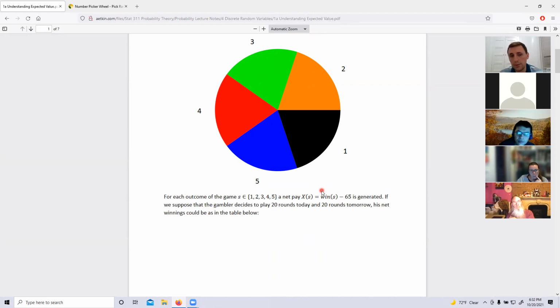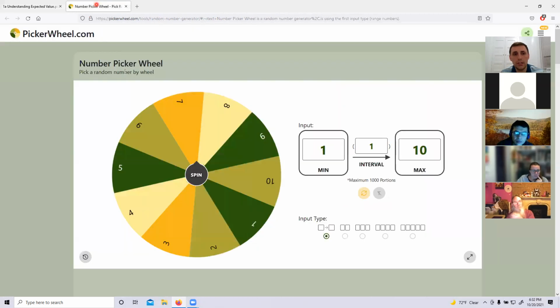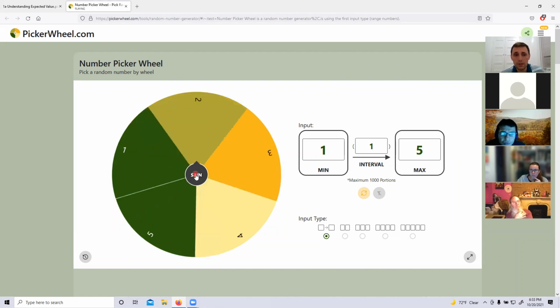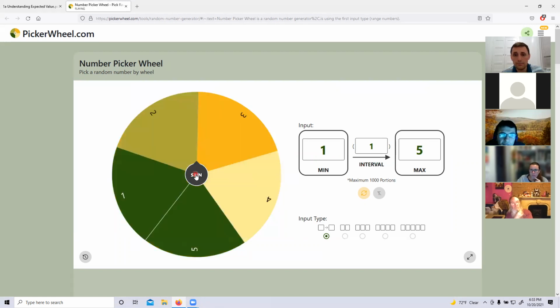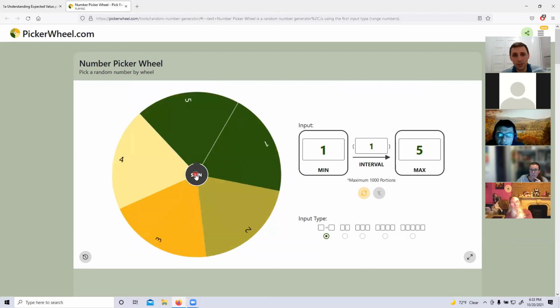So we can imagine playing this game for several rounds and see what outcome we get. Here is, for instance, that game. Five outcomes. Let's spin it now. Exciting, huh? What are you going to get?